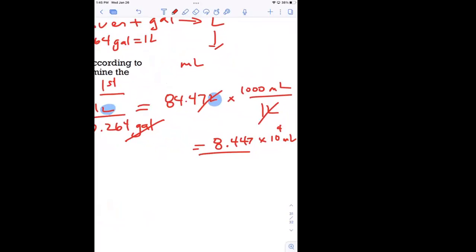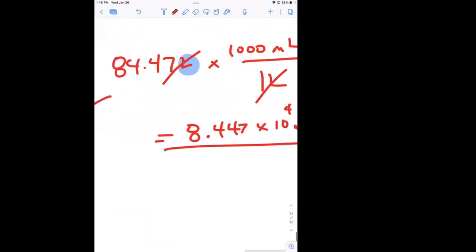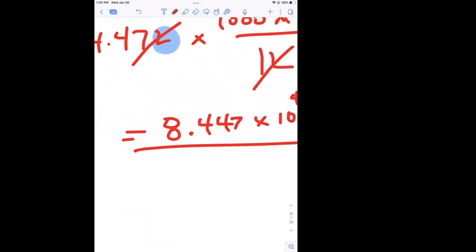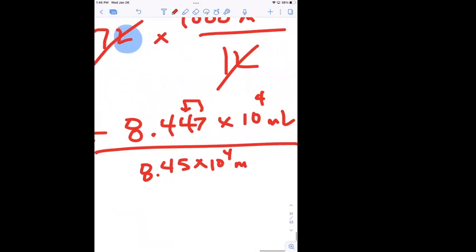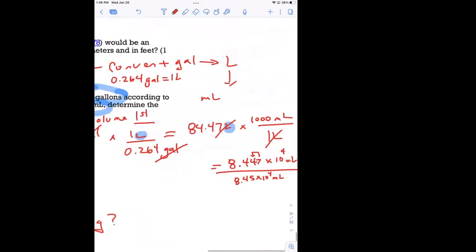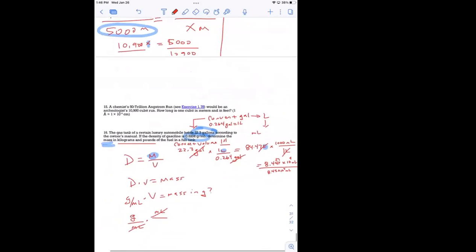All right. It's 8.447 times 10 to the 4th. If we wanted to round up and get 3 sig figs, that's going to become a 5, which is going to make that 4 round up. Well, actually 3 sig figs would be 8.45 times 10 to the 4th milliliters. All right. Any questions about that?